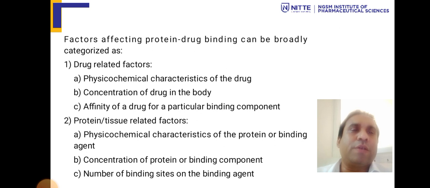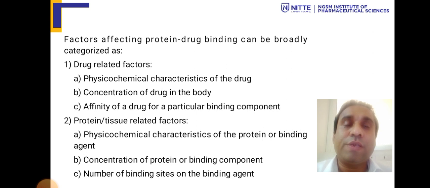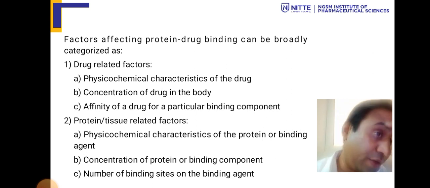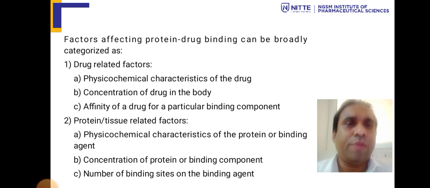Coming to the factors, they are broadly classified as drug related factors. When we say drug related factors, there will be the physicochemical characteristics of drugs. Then we will see how the concentration of the drug in the body affects the protein binding, and the affinity of the drug for a particular binding component.